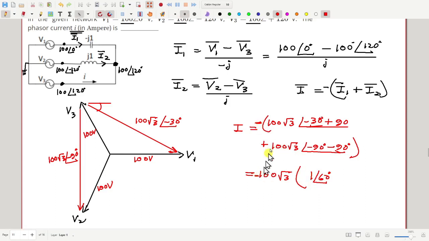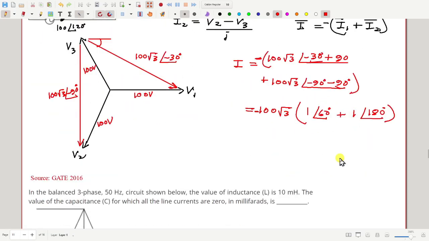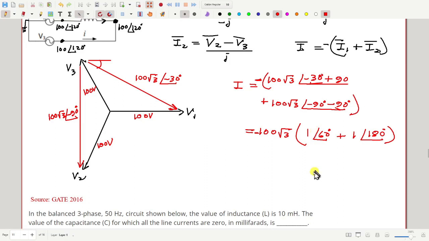That's easier. So 1 angle 60 degree, and this is 1 angle minus 180 degree.